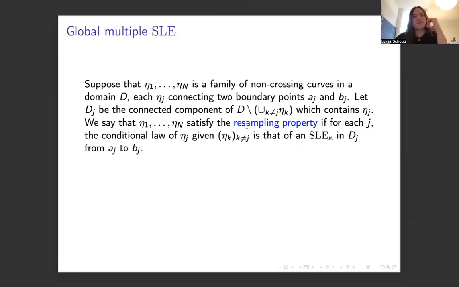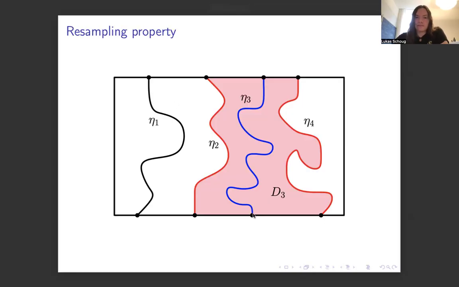And a property which is called the resampling property is that if we have a collection of curves like the previous ones, then we say that it satisfies the resampling property if, conditional on the other curves, eta 3 is an SLE between those 2 points. And this should hold for all of the curves.